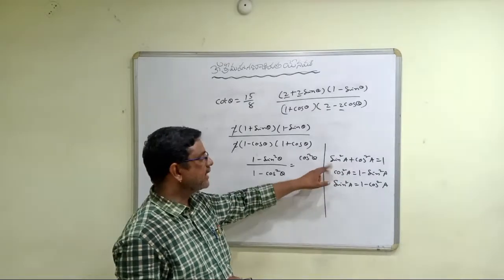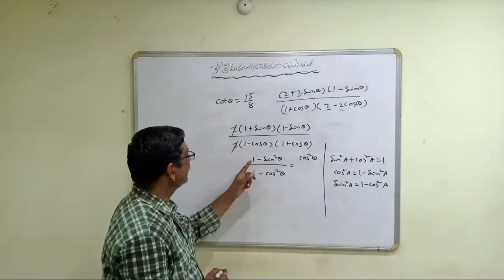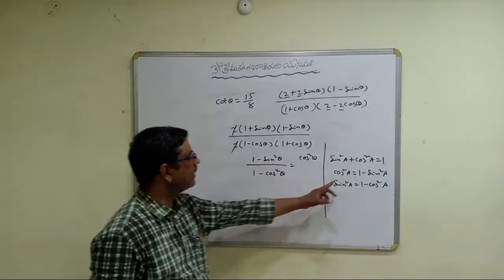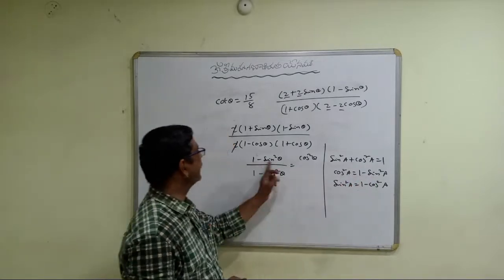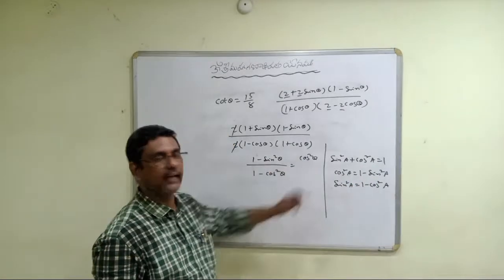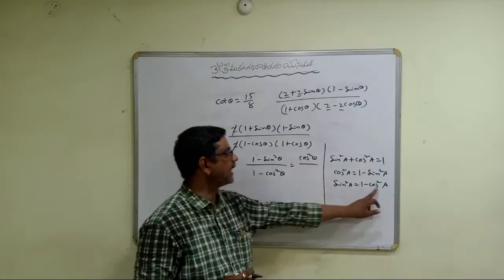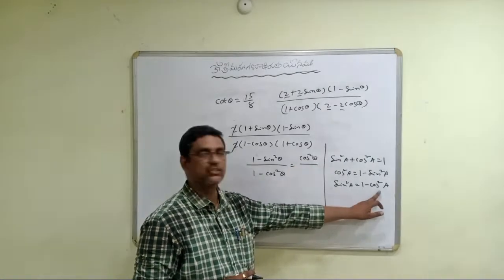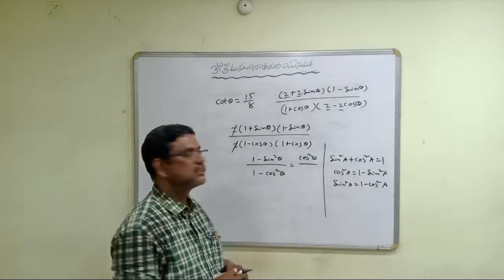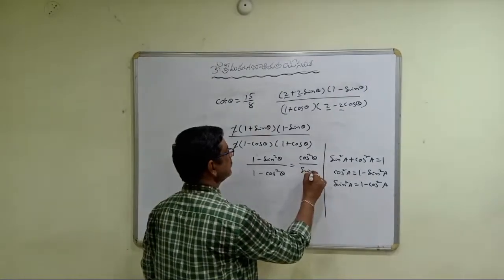Now, by using this identity, 1 minus sin square theta I can write as cos square theta, and 1 minus cos square theta I can write as sin square theta. Okay?